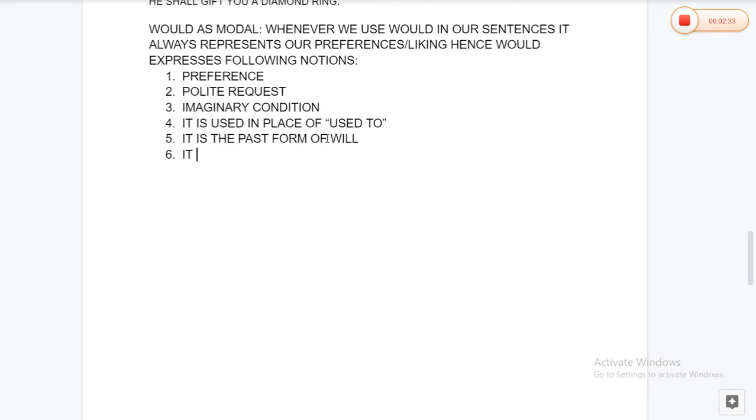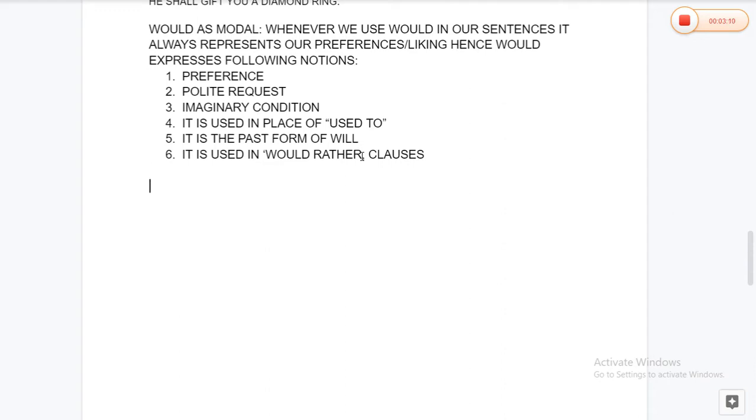It is used in would rather clauses. These are some adverbials or expressions that would is used to express.